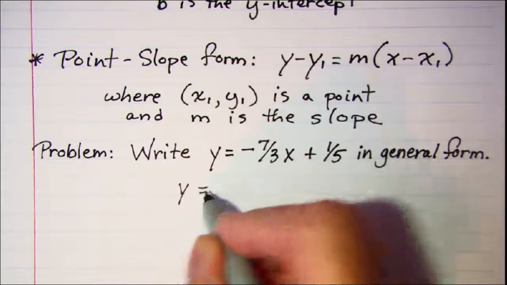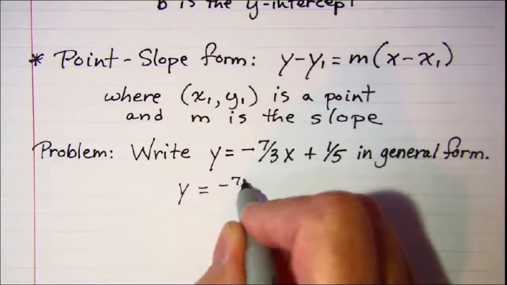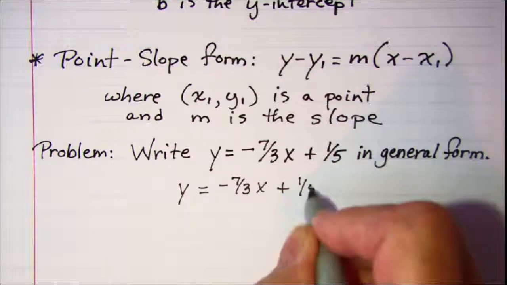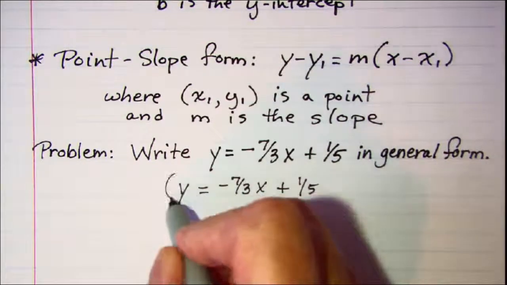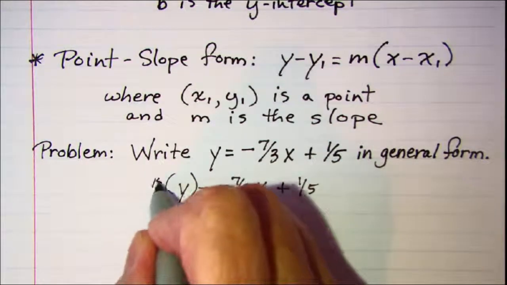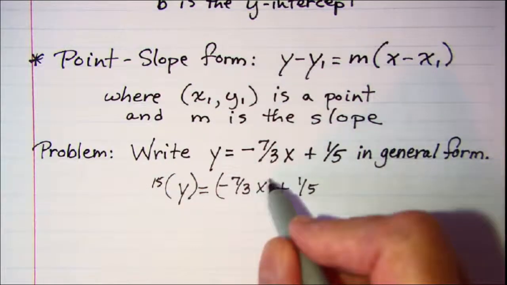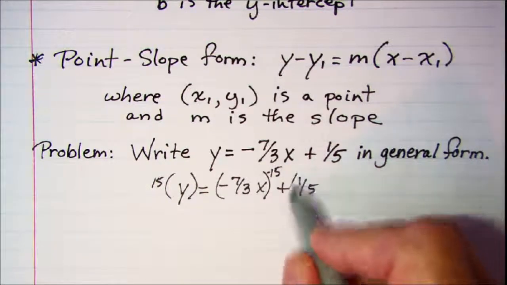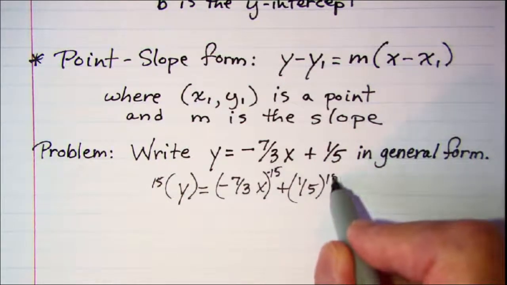So we start with y equals negative 7/3 x plus 1/5, and we're going to multiply both sides by 15. So multiply here by 15, and multiply this term by 15, and multiply this term by 15.